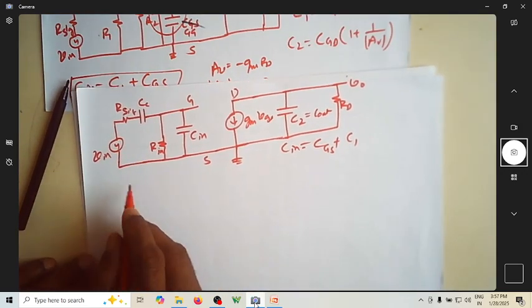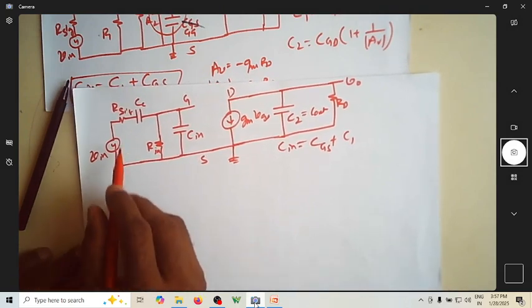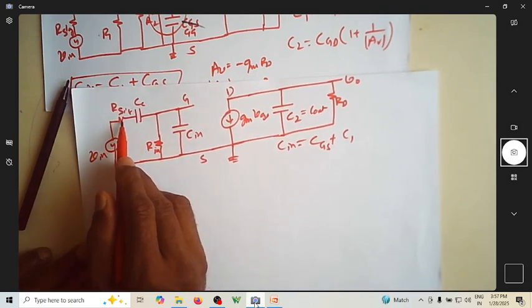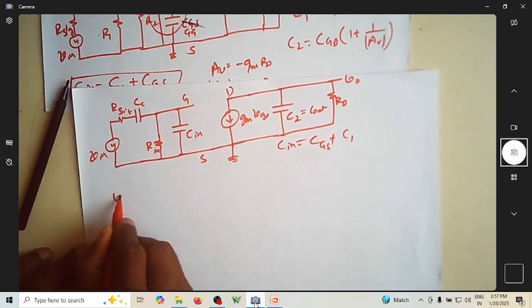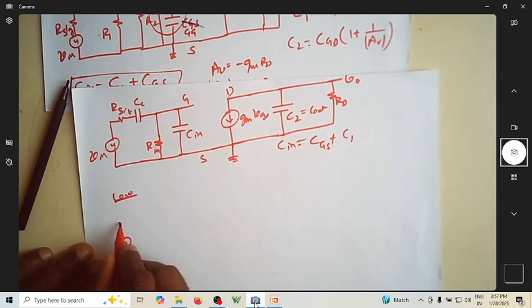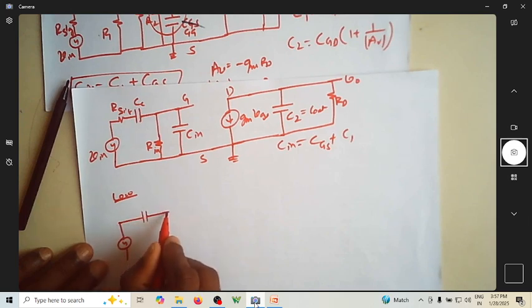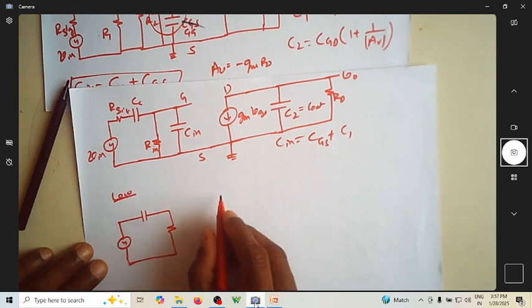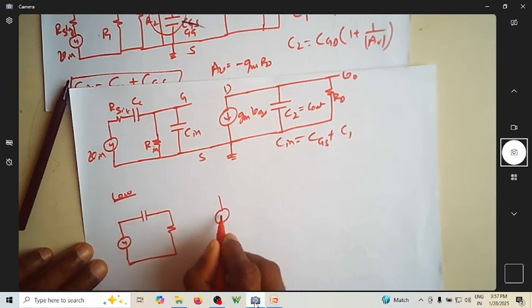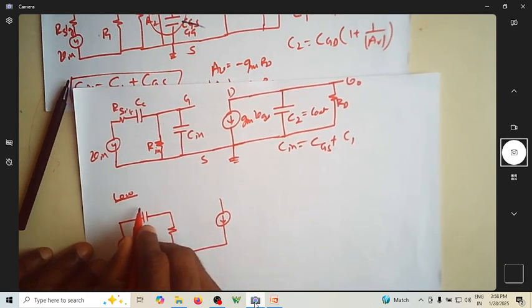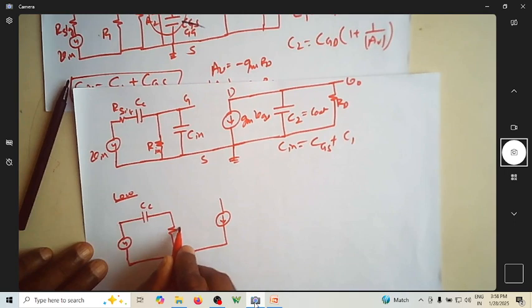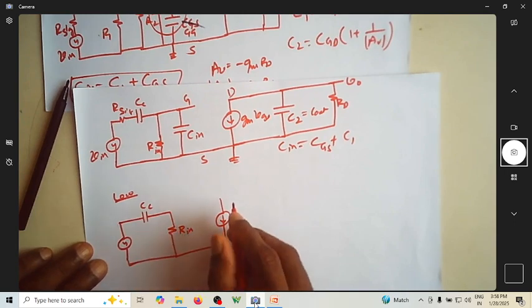At low frequencies, this effect will be more than our signal. So at low frequency, this is now replaced by a capacitor. I will have this Rin, and this is your CC, this is Rin.